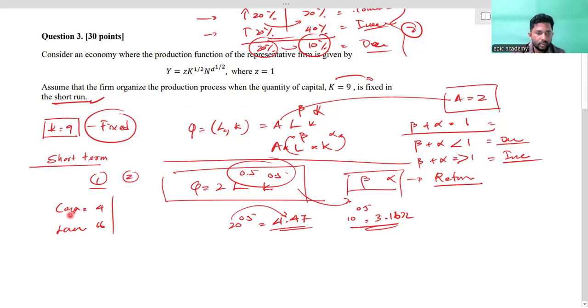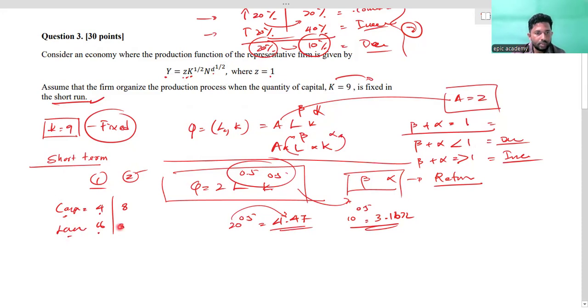After utilizing capital 4 and labor 16, you put those values in here and you can calculate Y. Y means final production output. And you have to put 1 for the Z. Then in the second case, capital becomes double, which means 8.